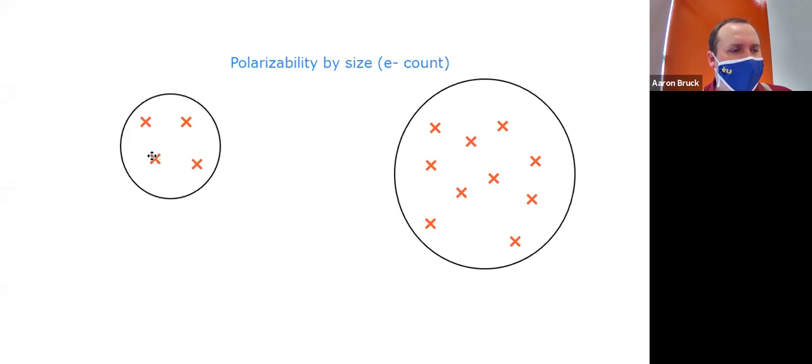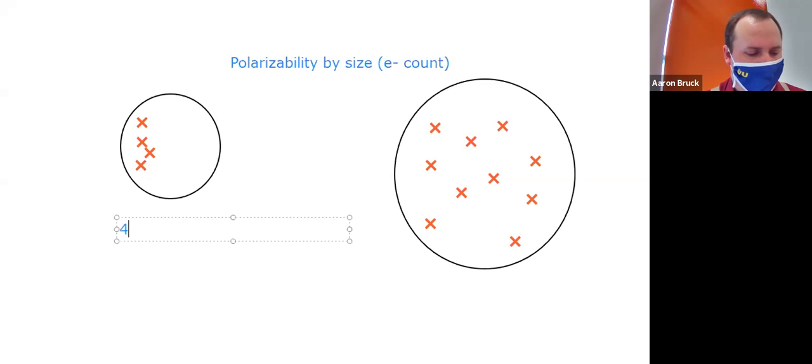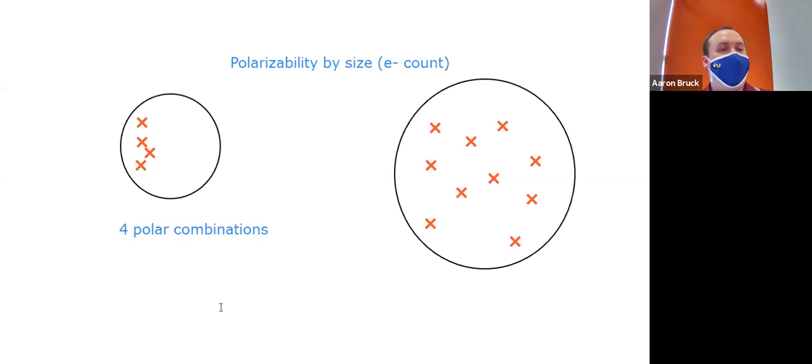I could have 3 on this side and 1 on this side, or 1 on this side and 3 on the other, or I could have all 4 on either side. In total, there would be 4 different polar combinations.